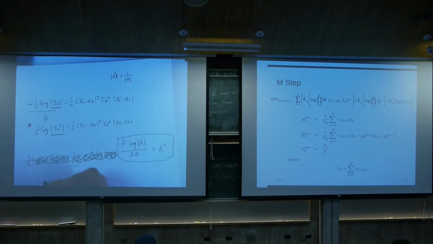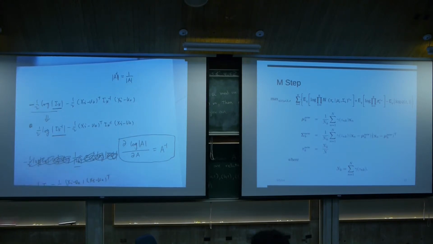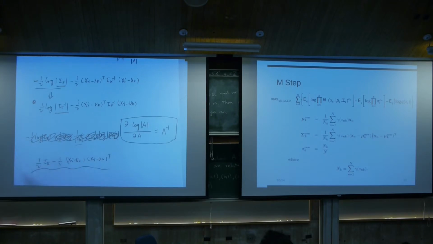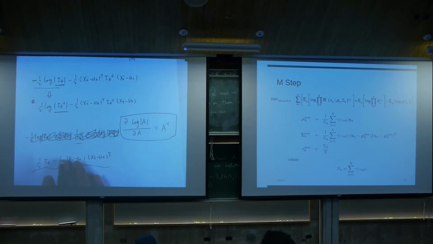It will become sigma k. And the second term is natural. It's xi minus mu k times xi minus mu k transpose. And there are also some constant terms here, which I omitted. You set this derivative to 0, and you will get an equation for sigma k.